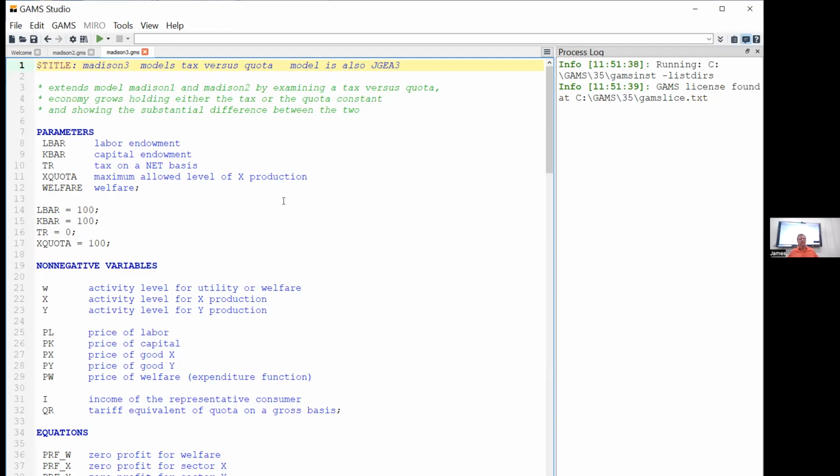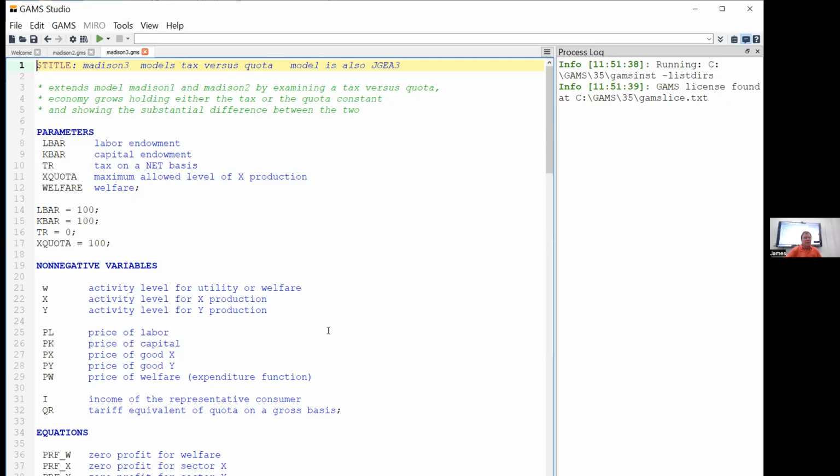And I know in the early days of CGE modeling, there was a tendency to take any non-tariff barrier and just convert it into a tariff. I'm also going to say that there's no reason to have to do that. It's easy to model it correctly as a quantity intervention. And like in the previous example, as you start changing parameters and doing counterfactuals, the results can look very different between the two of them.